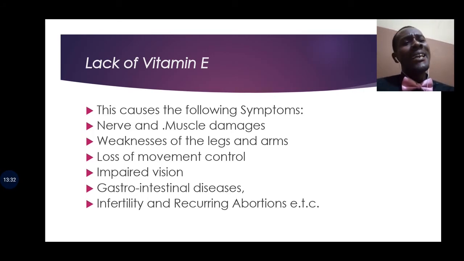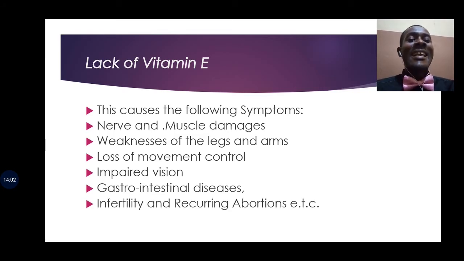Any pregnant woman that lacks vitamin E can suffer what is known as recurring abortions. That means the person might have miscarriages. Before the baby is ready to be born, the baby might be miscarried. It can occur in form of abortion, and the person will be wondering what is happening. Most of the time, some of them are caused due to lack of vitamin E.